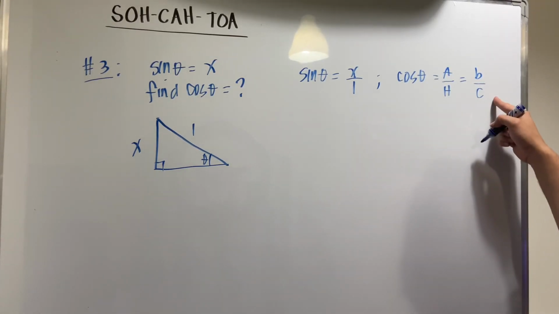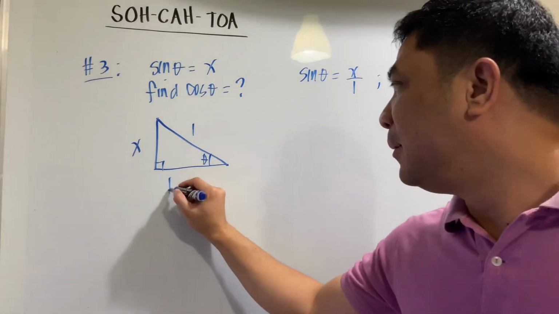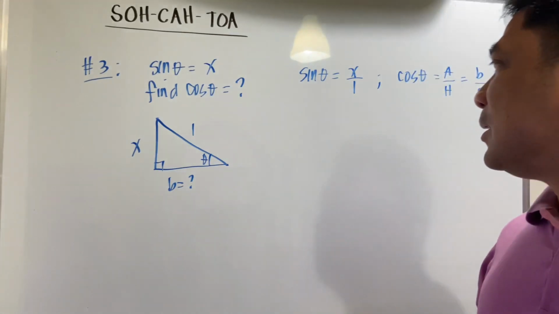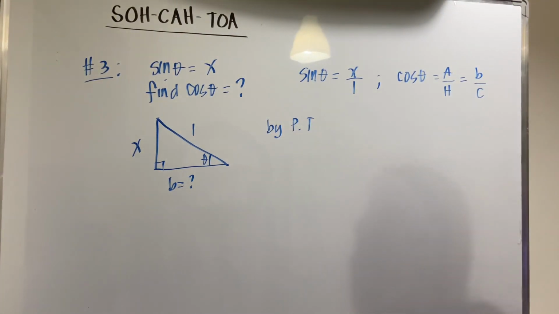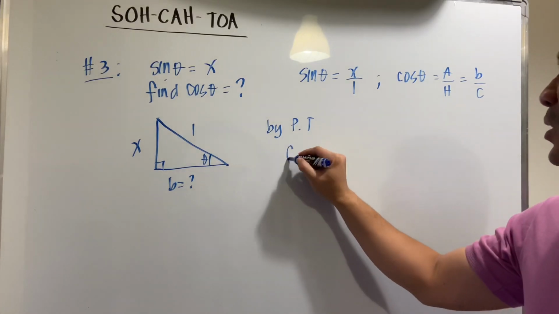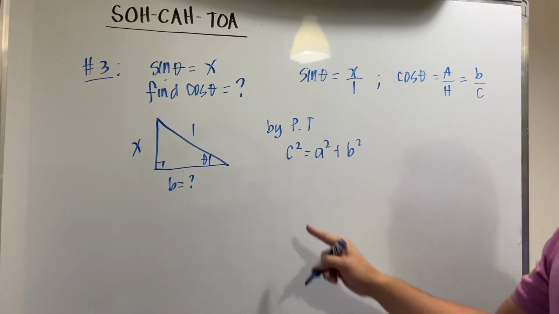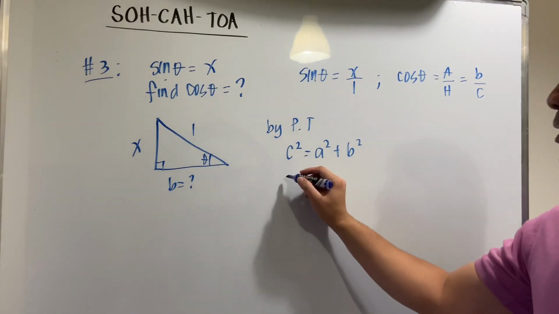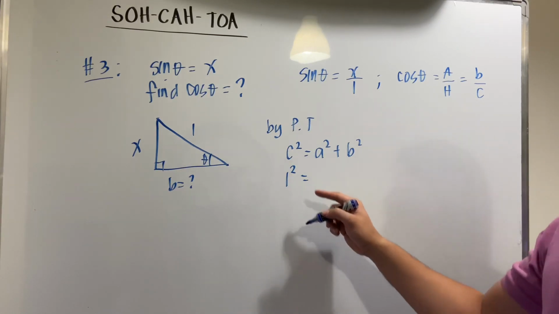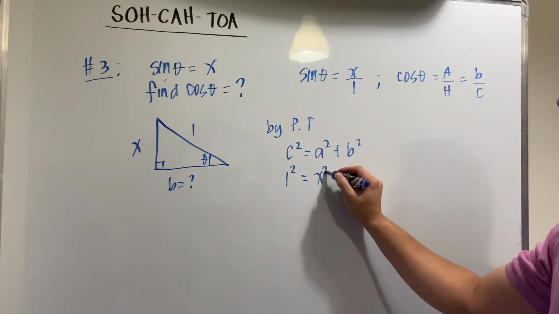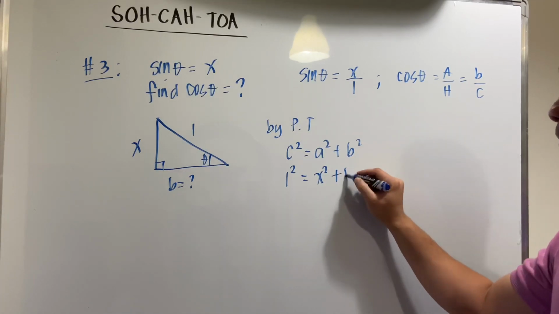We know already C, which is equal to 1, but we don't know the value of B. Okay? So again, by the Pythagorean Theorem, we can get the value of B. C squared is equal to A squared plus B squared. Therefore you have C squared, which is 1, and then A squared, which is x squared, and then B squared, which we don't know.